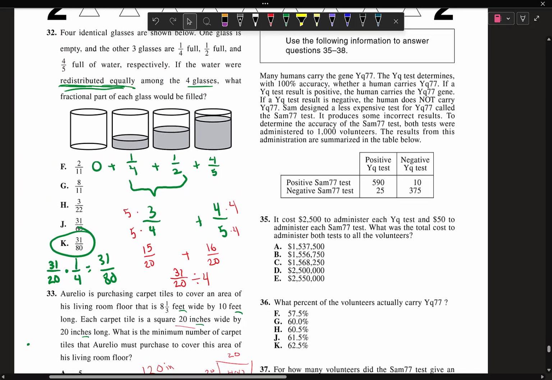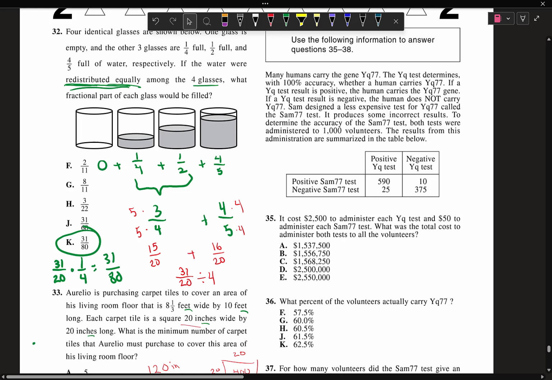All right, many humans carry the gene YQ77. The YQ test determines with 100% accuracy whether a human carries YQ77. If a YQ test result is positive, the human carries that gene. If a YQ test is negative, the human does not carry YQ77. Sam designed a less expensive test called the SAM77 test.